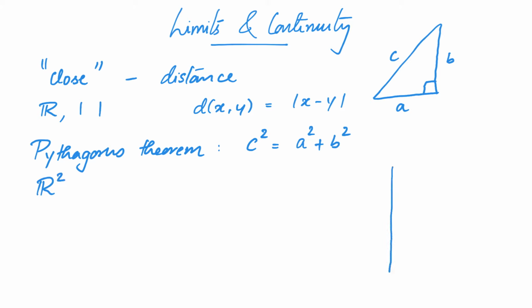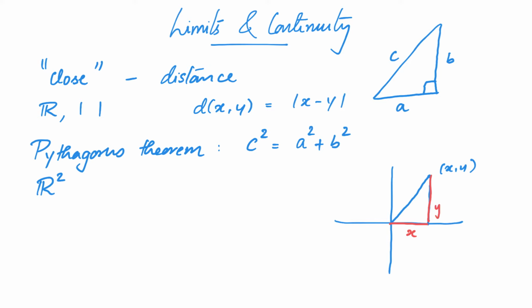Notice that if you are given any point x, y in R2, you can drop a perpendicular to the x-axis. Then the triangle formed is right-angled. Further notice that this length is x and this length is y.